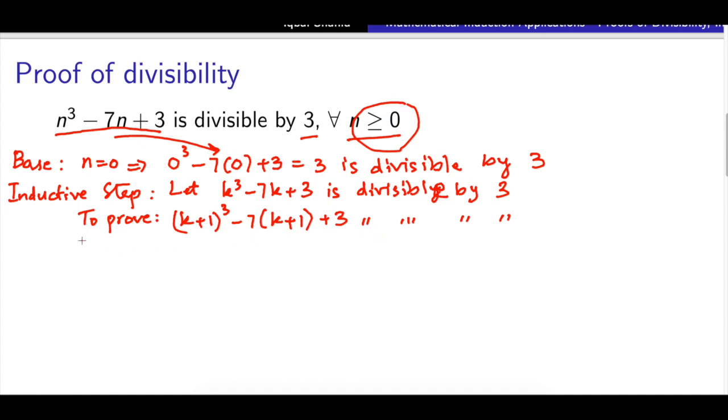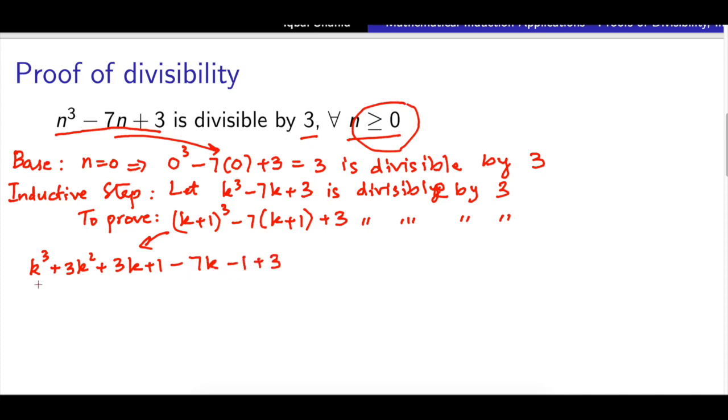Okay. So we'll start with this expression. If I expand it, this becomes k cubed plus 3k squared plus 3k plus 1, and this becomes minus 7k minus 7 plus 3. Correct?